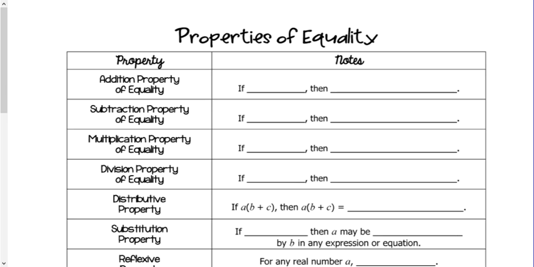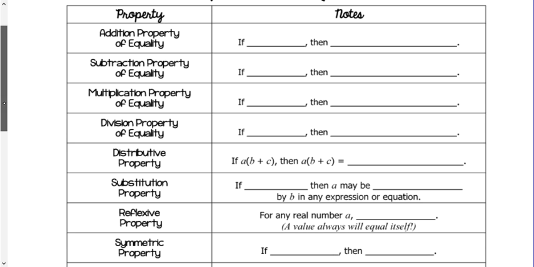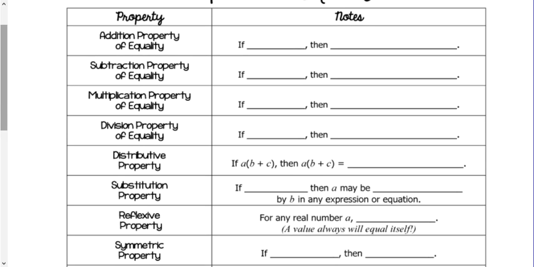Properties of equality. So we have the addition property of equality, the subtraction property of equality, multiplication property of equality, division property of equality. So let's go through the formal definitions for all of these different properties, starting with addition property of equality.